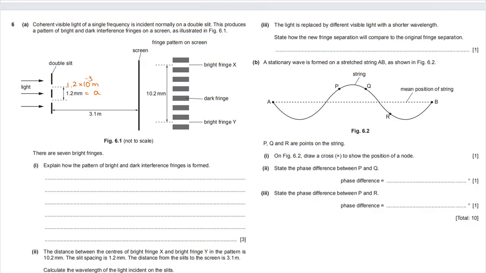Okay, what is given here? 3.1 meter is capital D, which is the distance between the slits and the screen. Now we have the total distance given from x to y. We need the fringe separation between two consecutive bright fringes, so we need to find x.